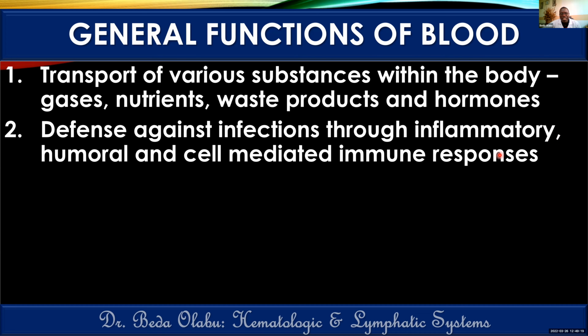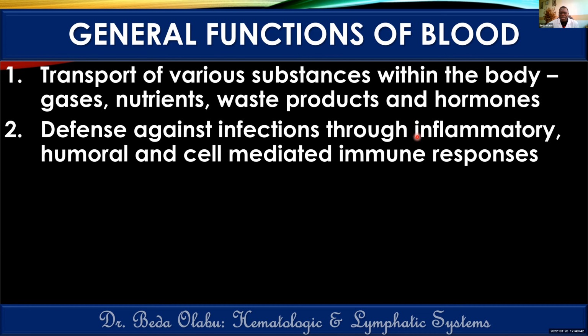And there are many mechanisms that blood uses to defend against infection, as we'll see perhaps in the next lecture in this series. But to say just a little, the white blood cells which are in the blood are important in helping to fight infections through multiple mechanisms.